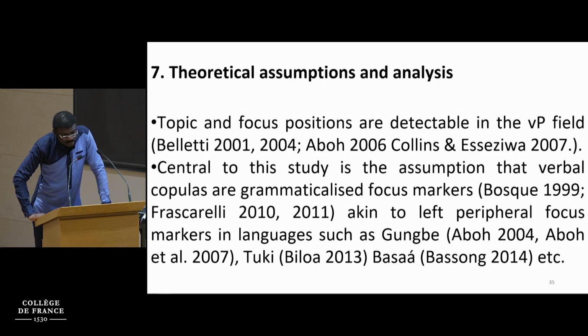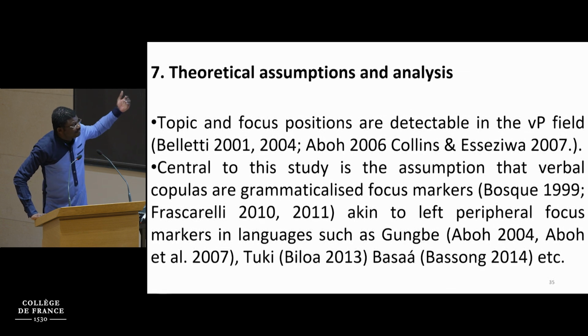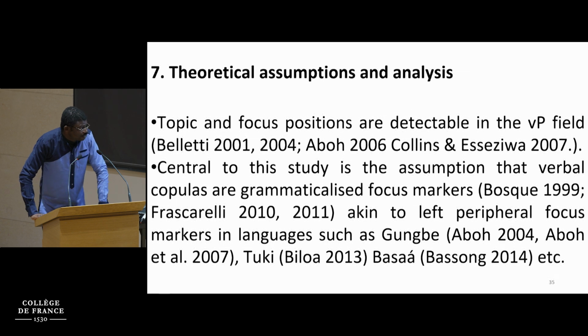Frascarelli, for example, has suggested this on the basis of Somali, which is a Cushitic language spoken in Africa. So we propose that these copulas are grammaticalized focus markers akin to what is attested in languages with left peripheral focus markers like Abo, Biloa, etc.